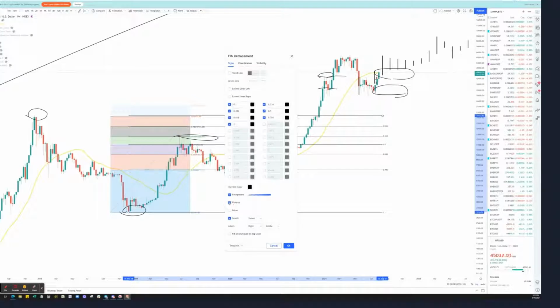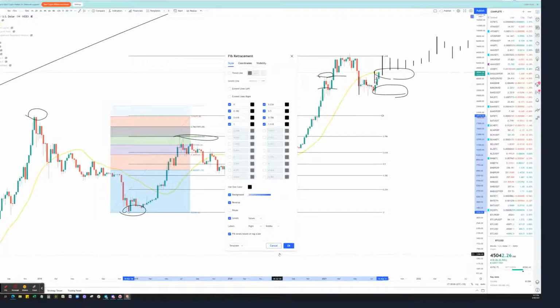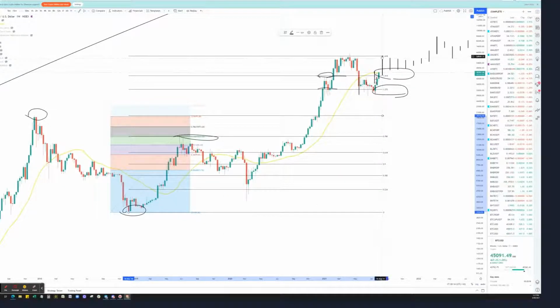You can see this golden ratio 1.618 as resistance as well.